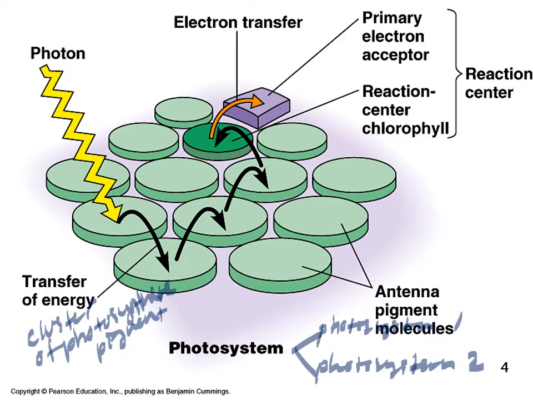While photosystem 2 has a reaction center P680 with an absorption peak at 680 nanometer. These two photosystems will work together to use the light energy, or photons, to generate ATP and NADPH.